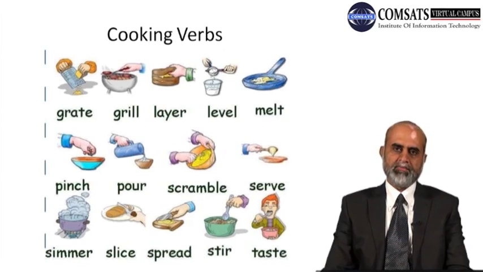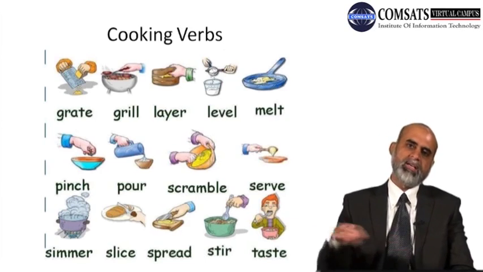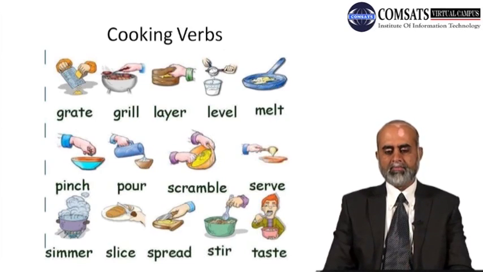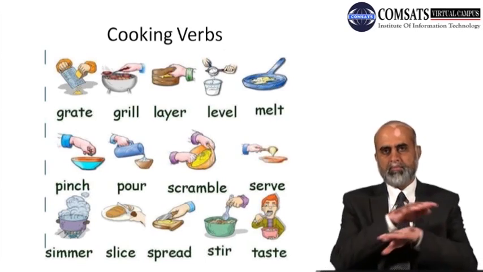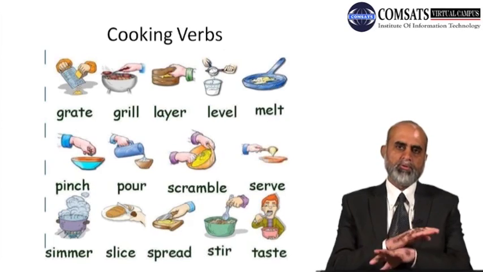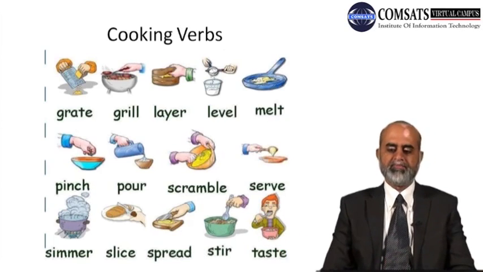Then you have layer. There are lots of things that when you cook, you make different layers of things. Level. Okay. For leveling, you usually use something like a leveler in order to make it level.